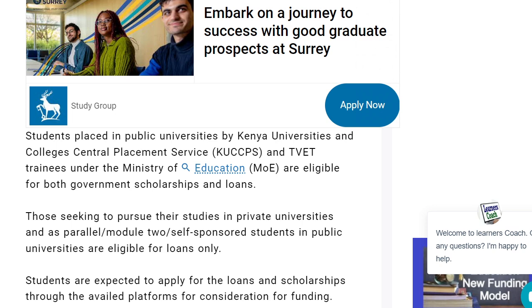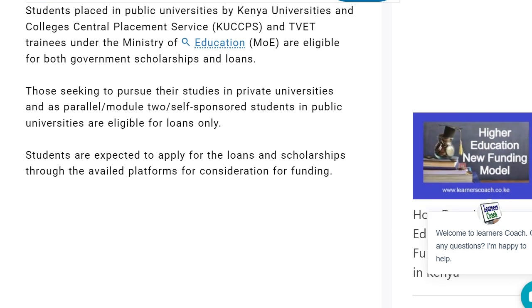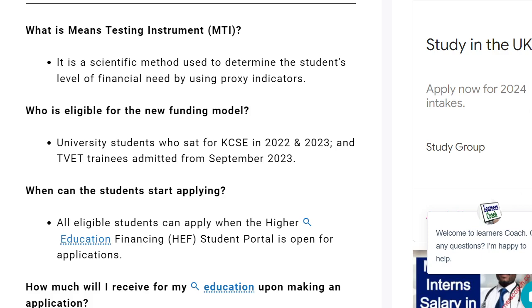In my previous video, I showed you how to do this application. Students placed in public universities by the Kenyan universities, that is KUCCPS, and TVET, within the Ministry of Education, can borrow these loans through the new funding model.